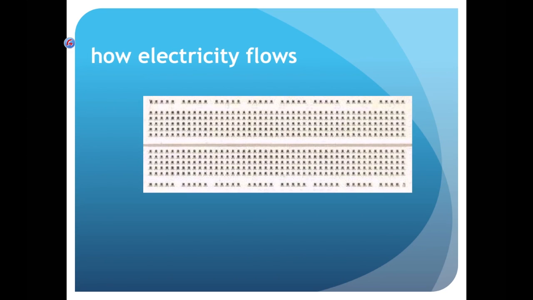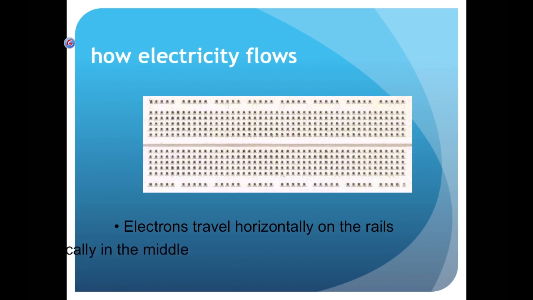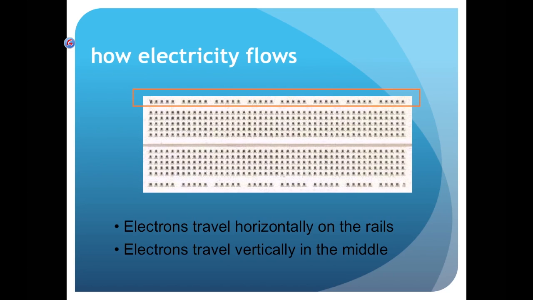All right, how electricity flows. This is a different breadboard picture, but it's the same basic principle. What's really important that you understand in a breadboard is how current travels in the different sections. The first thing that you need to understand is that they travel horizontally on the rails. So those top and bottom rails, on the previous slide you saw two rails, a positive and negative.